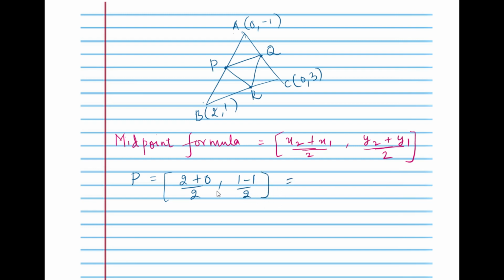What do we get? 2 plus 0 is 2, divided by 2 is 1. 1 minus 1 is 0, 0 divided by 2 is 0. Therefore, point P is (1, 0).